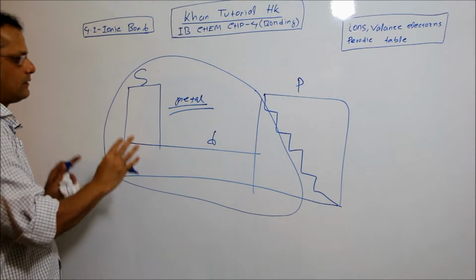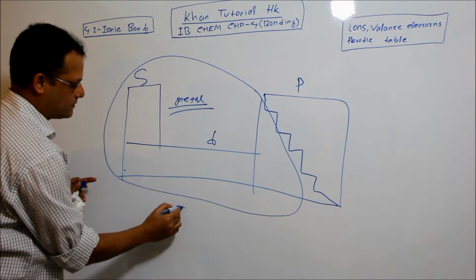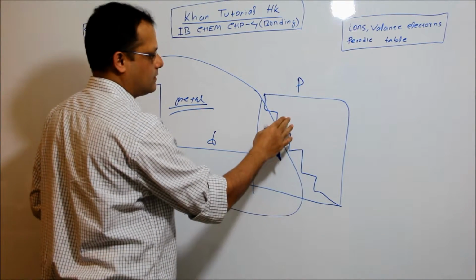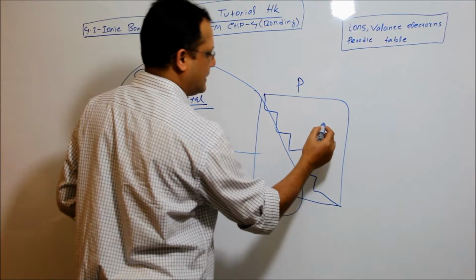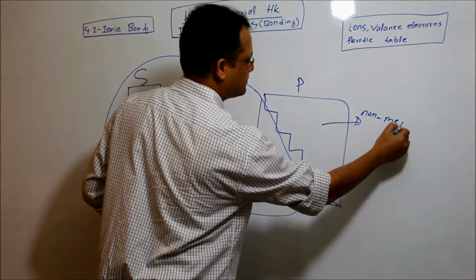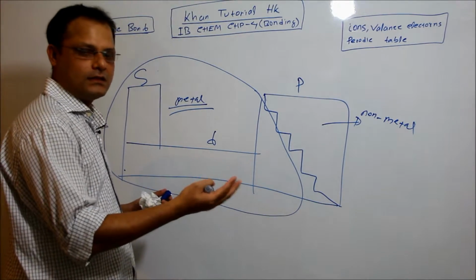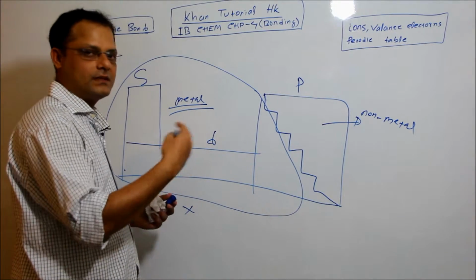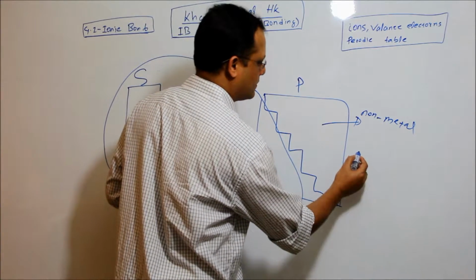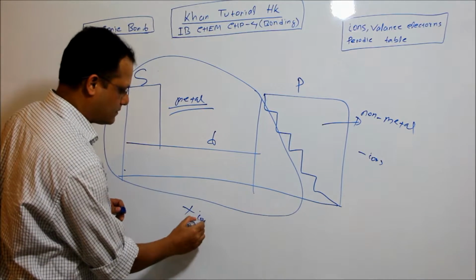You remember, it is possible for them to become positive ions. And these other elements can gain electrons, so they are non-metals. Because they can gain electrons, their electrons become excess over the protons, so they can make negative ions.